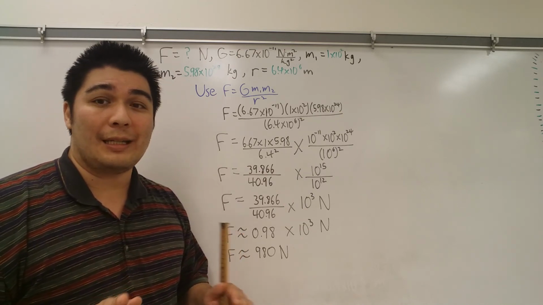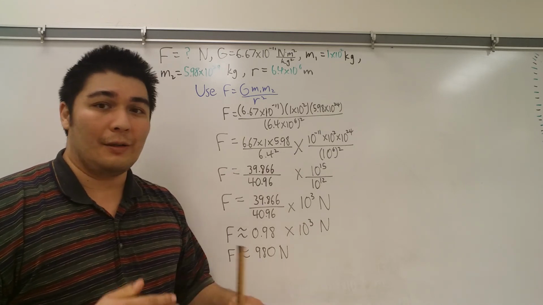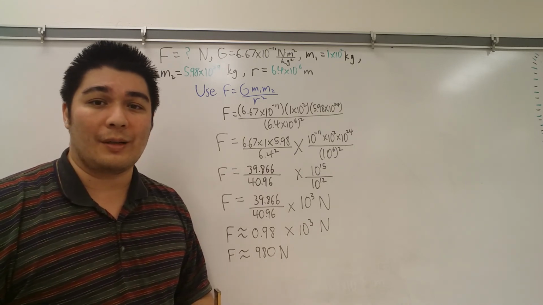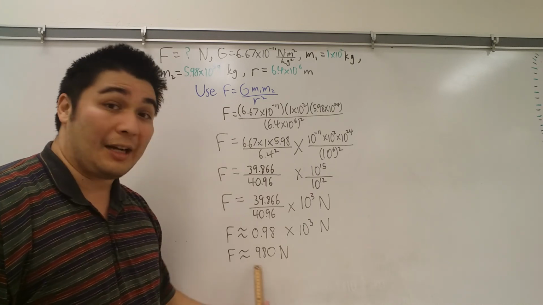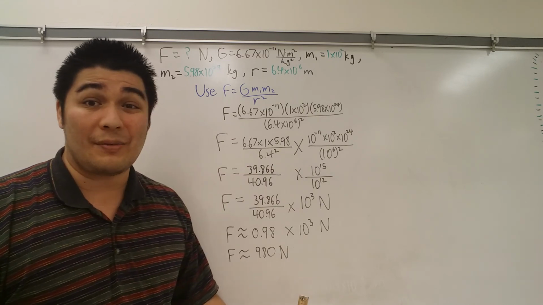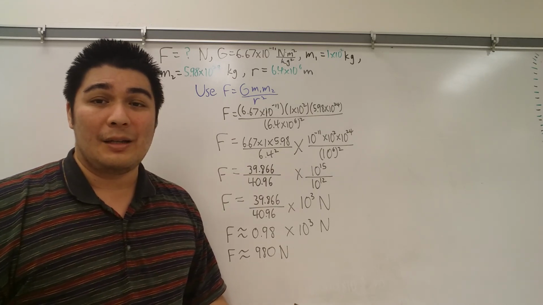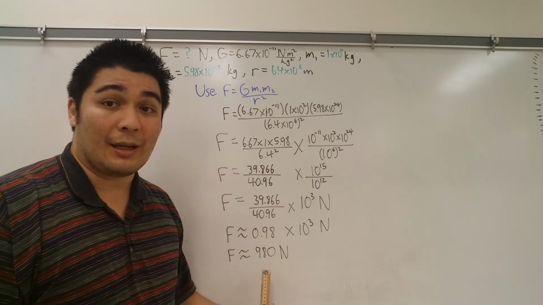Acceleration due to gravity depends where you are on the Earth, and there are a lot of factors involved. So just keep in mind that's why this answer is actually the better answer, because it is approximate. It's more like 979.9 something newtons, but for all intents and purposes, this is good enough.